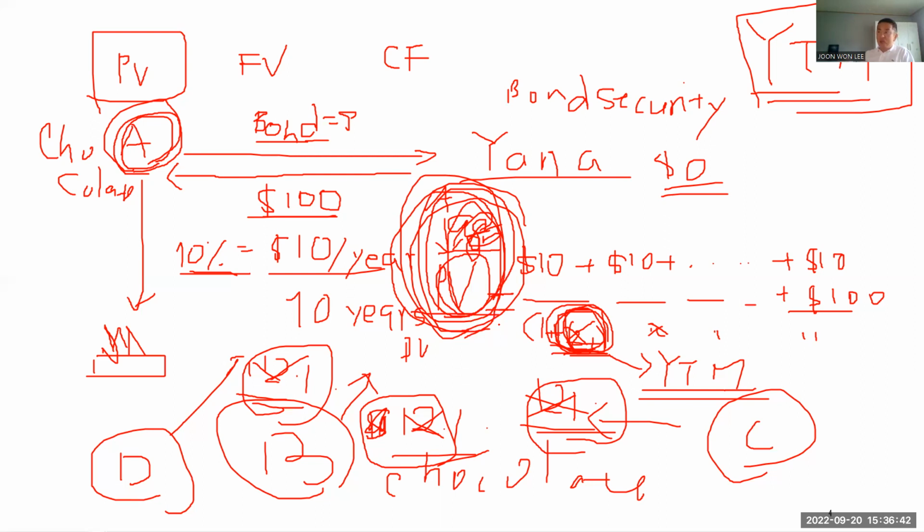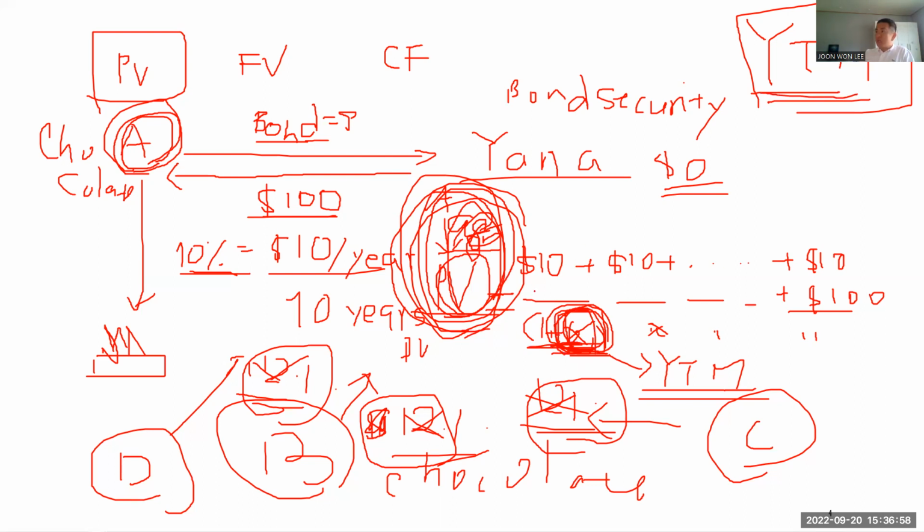That's why yield to maturity is an implied rate of return. If you get this discount rate, that is the yield to maturity.